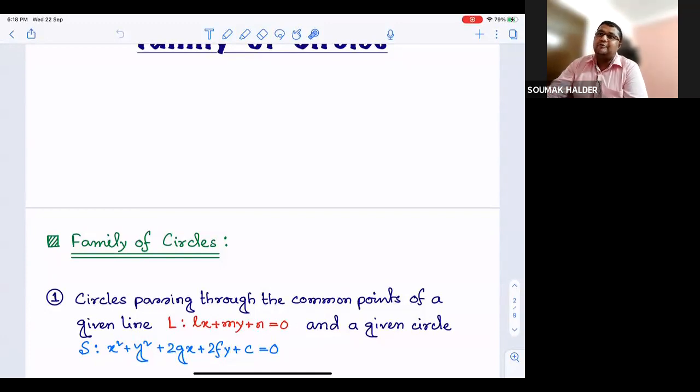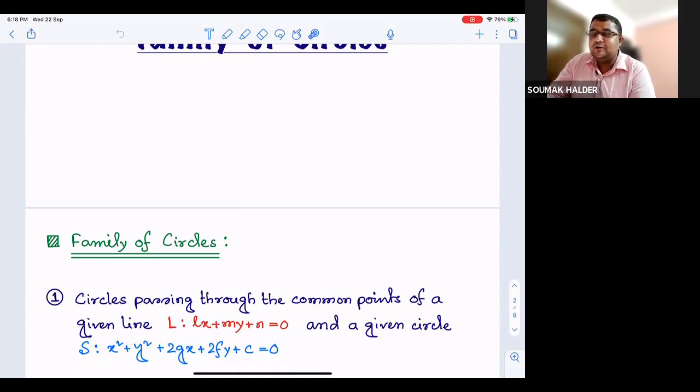Now, if we try to address all such circles, the common algebraic identification for all of them is that they are going to be some second degree polynomial equation in 2 variables x and y, and it should be such an expression which must be true for the coordinates of common points of this given line L is equal to 0 and the given circle S is equal to 0.